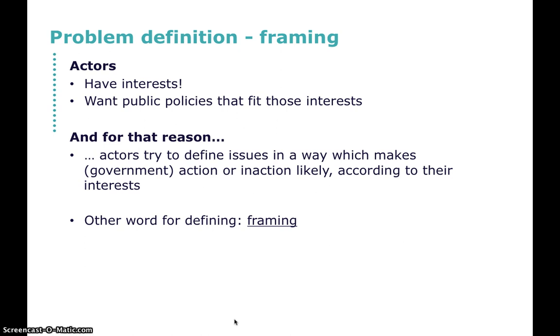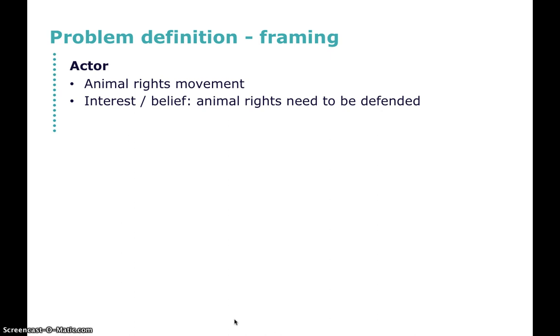Well, this is the example. Animal testing. Now suppose you are a member of a specific actor, an animal rights movement, and it is your interest or your belief that animal rights need to be defended. If that is your position, if that is the actor you represent, then you would probably not define animal testing as such.